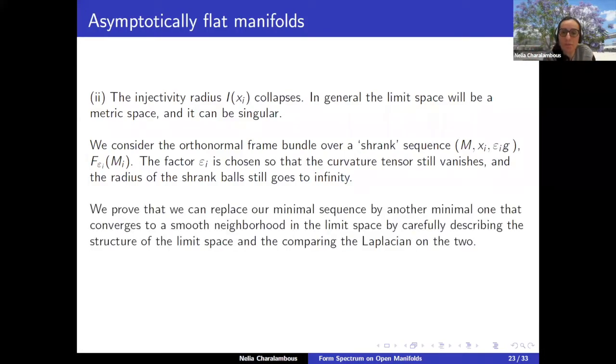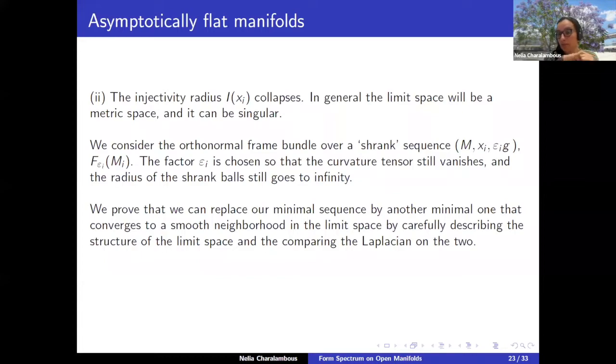Stays large. And what we show is that, okay, we have a minimal sequence that can collapse to a non-smooth space. And the worst part is if this center, because we're taking a pointed sequence, the center is where the singularity happens. And what we show is that we can always replace this minimal sequence by another minimal one that's going to be centered at the regular part of the limit space.